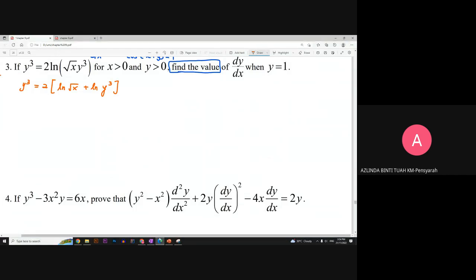Okay, so ini saya apply dia punya rules of log. Yang darab dia akan jadi tambah. Dan simplify sedikit lagi untuk gunakan dia punya power rule. Bring down the power.